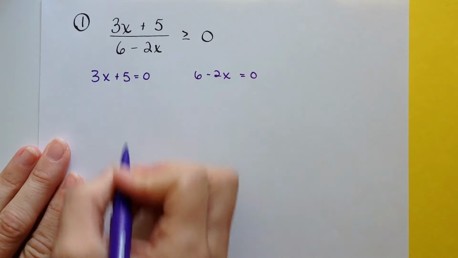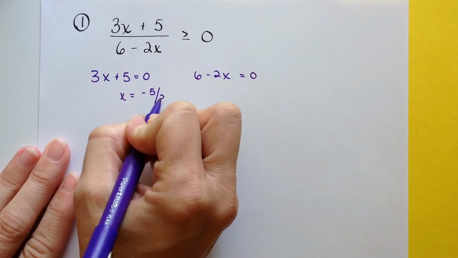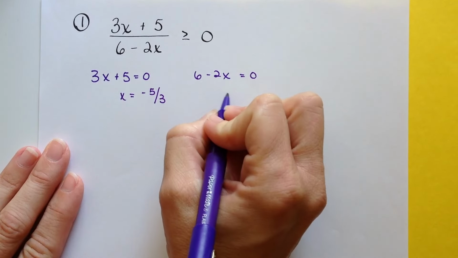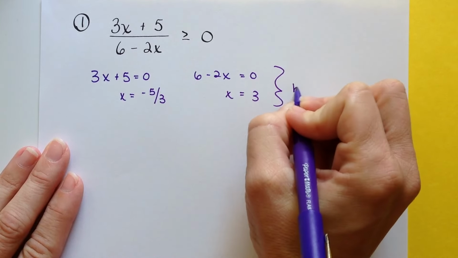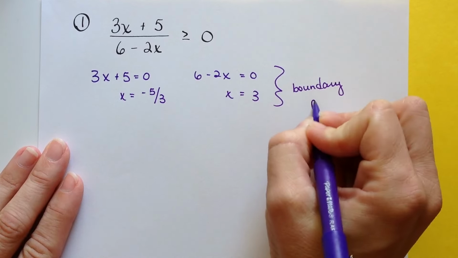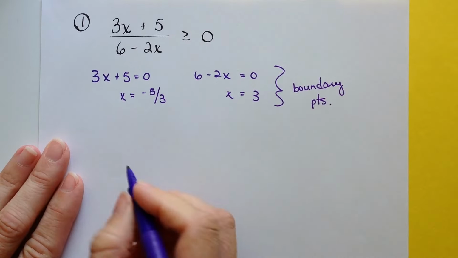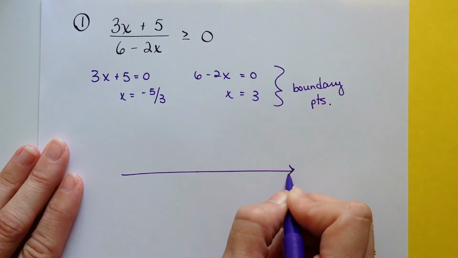Now, when you solve each one of these, this first one we're going to get negative 5/3. And with this one we're going to get x equal 3. So these are my boundary points. Okay, so we're going to put the boundary points on the number line just as we did earlier.